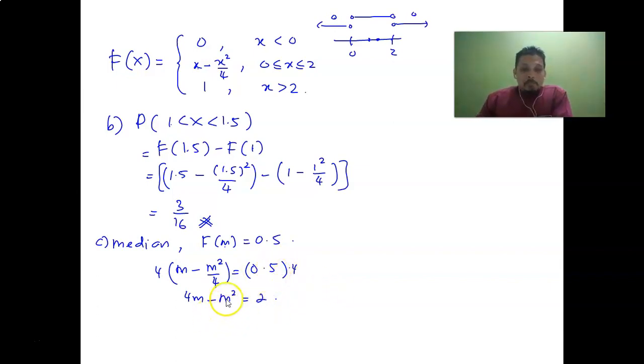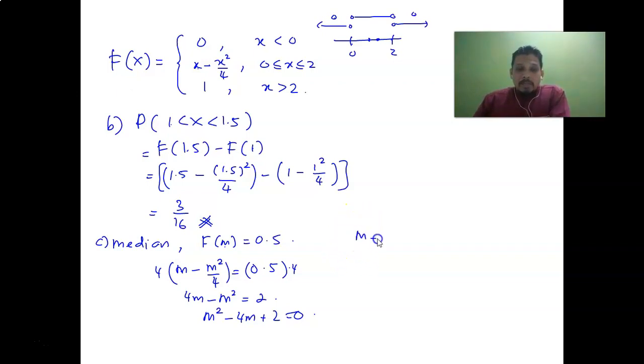So you come up with m squared minus 4m plus 2 equal to 0. Using the quadratic formula, or factorization, or just use any method that can give us the value here. You try by yourself using completing the square or factorization, or the quadratic formula.